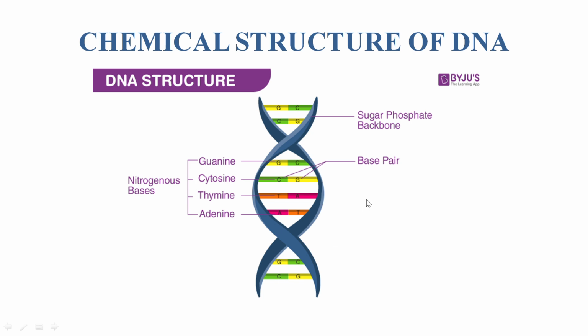Hence, the distance between two base pairs is 0.34 nanometer. The DNA coils up forming chromosomes, and each chromosome has a single molecule of DNA. Overall, human beings have around 23 pairs of chromosomes in the nucleus of cells. DNA also plays an essential role in the process of cell division.